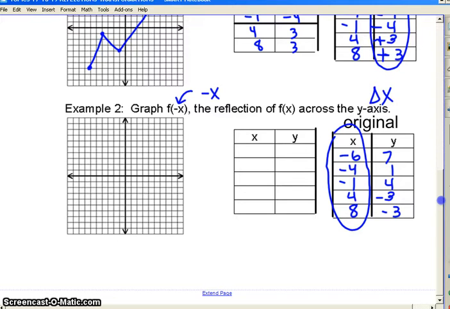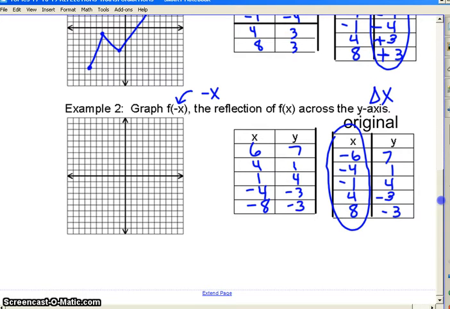Now we're going to make all of those the opposite. So positive 6, positive 4, positive 1, negative 4, and negative 8. Okay, all of my y values are going to stay the same. Okay, so 7, 1, 4, negative 3, negative 3.